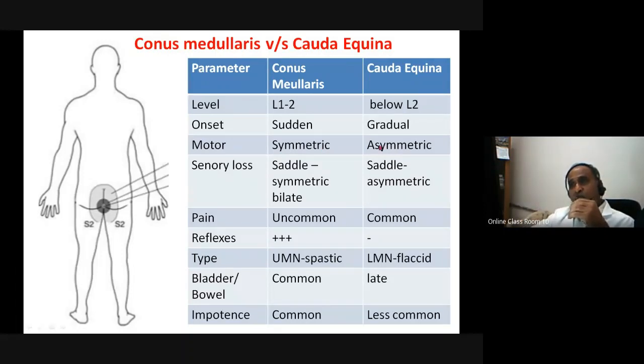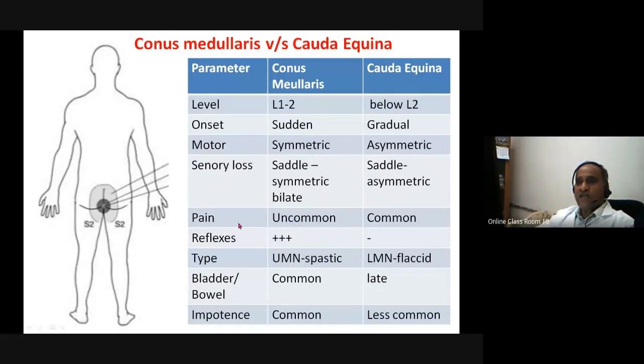But in case of the roots, this is asymmetric. Whatever the motor involvement, they are asymmetric in case of a cauda equina, because not all the neurons are involved in the same magnitude. Then there is sensory loss. This is a typical saddle type, saddle symmetric bilateral. This is bilateral, whereas this saddle asymmetric may be unilateral. This is sensory loss in the conus medullaris and the cauda equina.